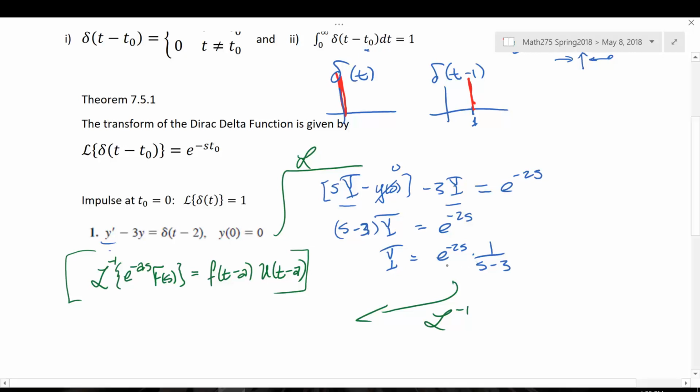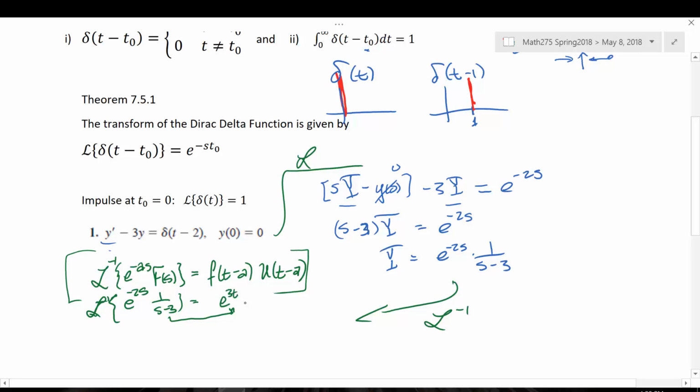And so our F of s is 1 over s minus 3, and then we have e to the minus 2s. So this translates into e to the 3t.